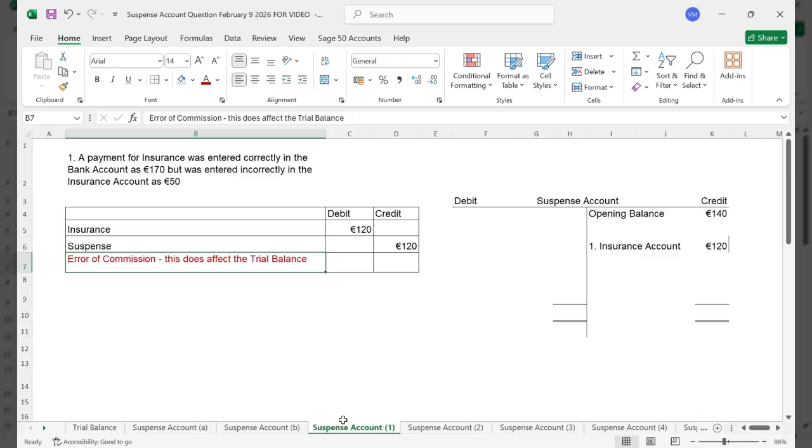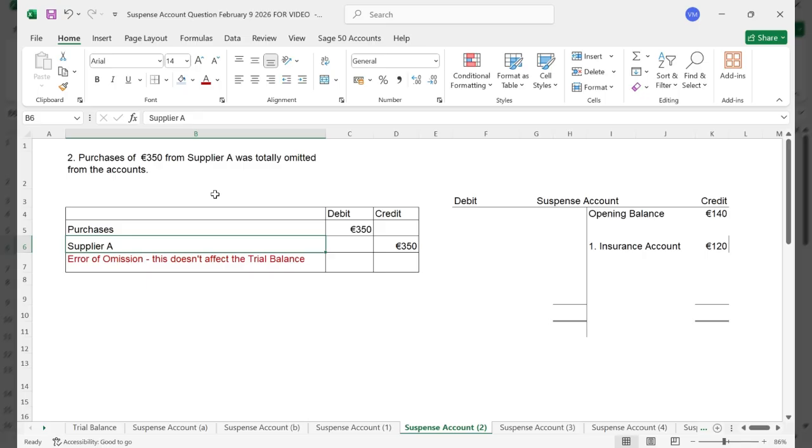Okay. Number 2. Purchases of 350 from supplier A totally omitted from the accounts. Again, we've gone through it. Supplier A gave us the goods, so you credit the supplier; purchases received the goods, so debit.